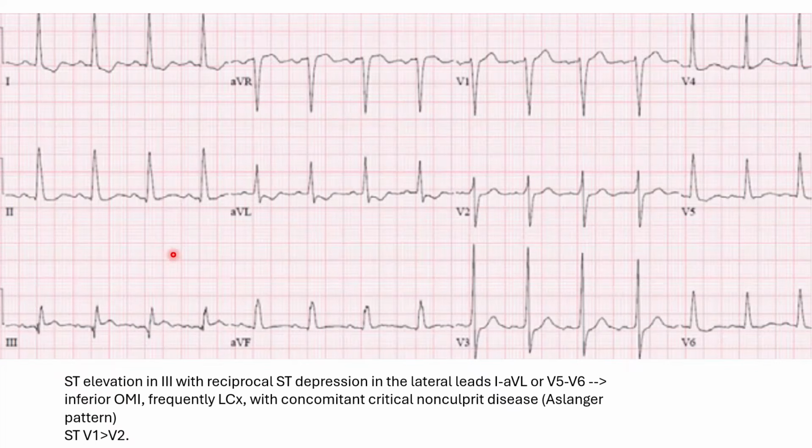This ST elevation in one territory and concomitant ST depression from the anterior ischemia will attenuate the inferior ST elevation, except in lead 3, which is furthest away from the anterior wall and from the anterior wall ST depression axis. So it's basically negation of the inferior ST elevation by the ST depression caused by anterior ischemia.